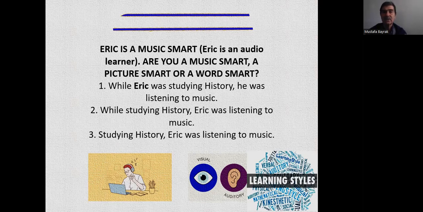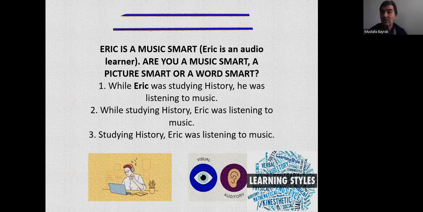As a general rule, after while, when, before, after, we also use verb-ing. While studying history, Eric was listening to music. Now, is this part of speech a noun, verb, or adverb? Eric was listening to music.